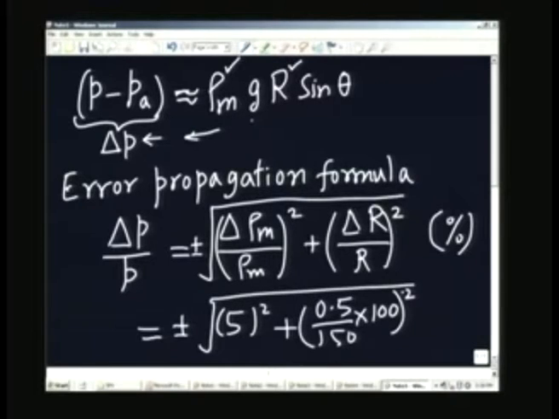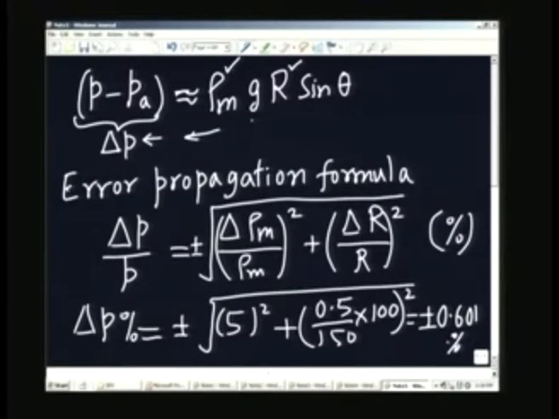Because the value was not given in percentage, I have calculated in percentage by taking 0.5 as the expected error, divided by 150 as the actual measured quantity, multiplied by 100 whole squared, this gives you the value. So, the delta p error in percentage is plus or minus 0.601. I think I might have made a mistake earlier.